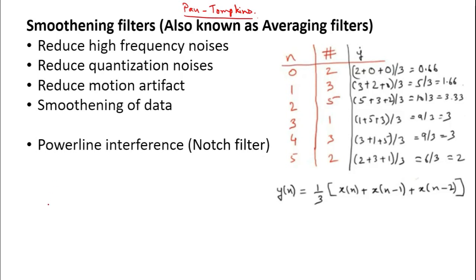Pan-Tompkins algorithm, what it does is that we have an ECG signal like this. We apply a band pass filter whose bandwidth is approximately 16 to 21 Hz to extract the QRS complex. So when we do this, we get something like this.